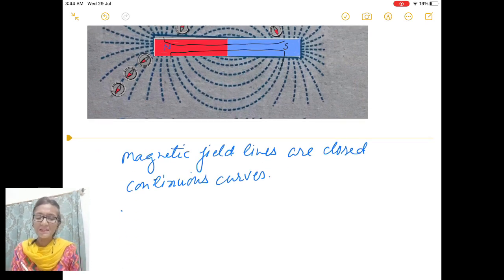The relative density of field lines tells about the magnetic field at any place.